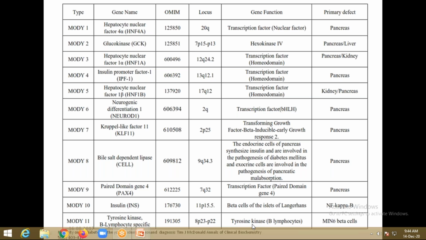Tyrosine kinase is a second messenger system for most of the receptors. And coming to it, the beta cells are destroyed. So the entire thing is pancreas. Just one thing you need to focus on: 2 is liver, 3 is kidney, 5 is more of kidney. So remember the MODY number and the genes involved in it.